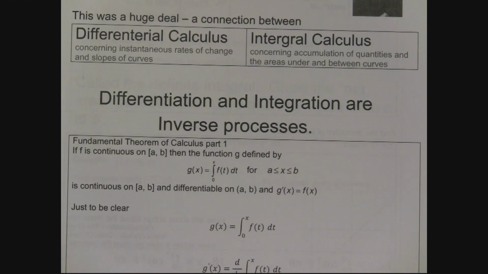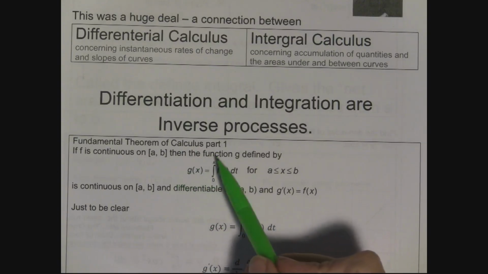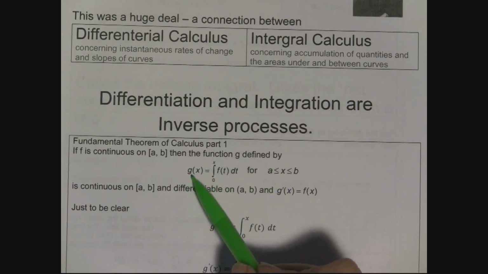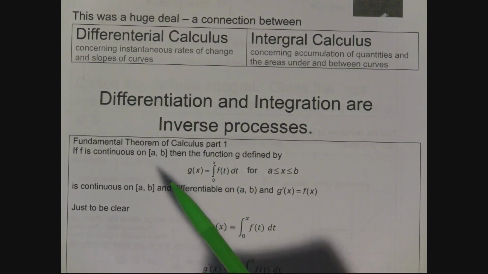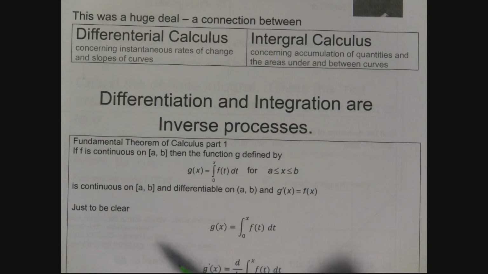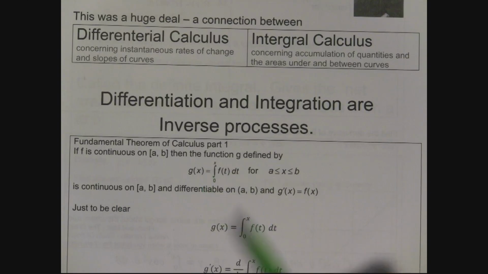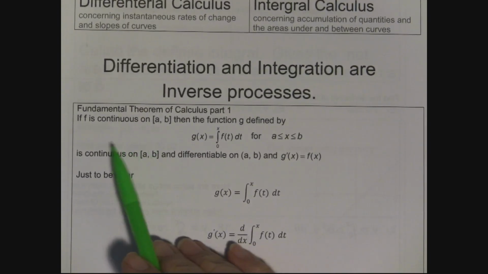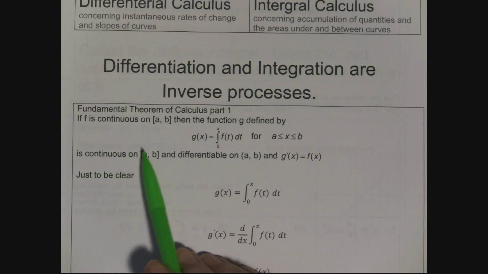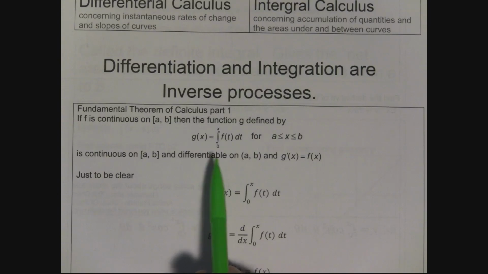So it says if f is a continuous function on an interval a to b, then this function defined like this, so this function g is an integral. So we have some function f and g, here it is, the function f right there, and g is the integral of that function. And then they say that g at x would be continuous on the interval a to b and is differentiable.